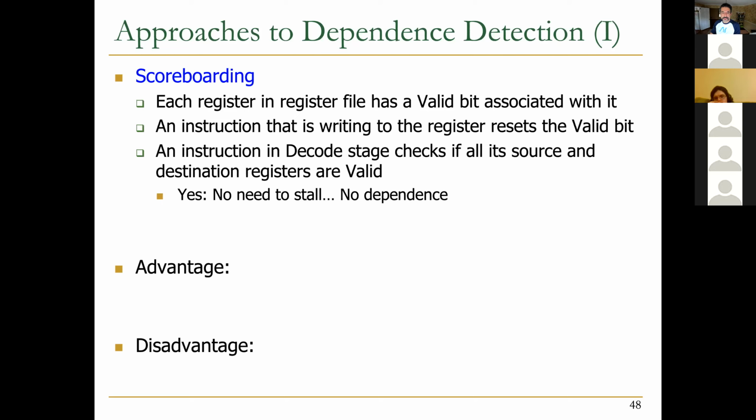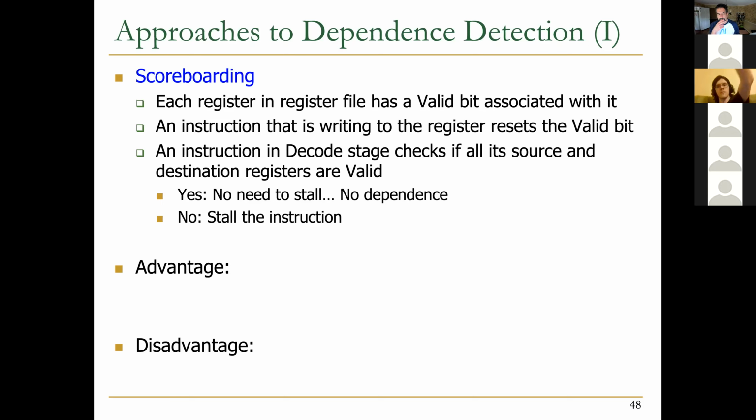In this case, there wouldn't be any need to stall the pipeline if this bit is valid, meaning the instruction can move on.